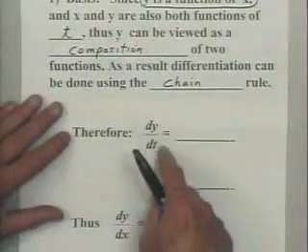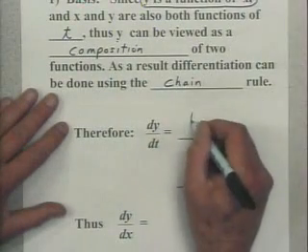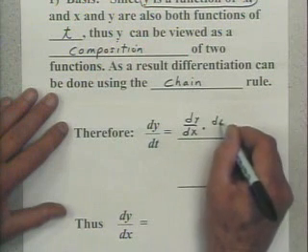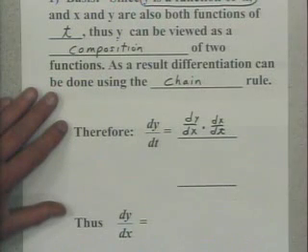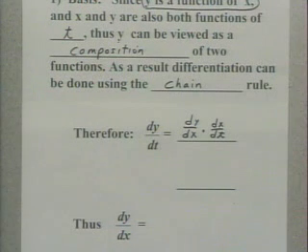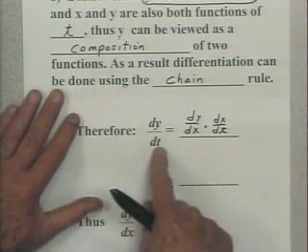If you want to take dy over dt, you can get that by taking dy over dx and multiplying it by dx over dt. You can see that's true, right? That happens to be Leibniz's version of the chain rule. But again, it's nothing that should throw you for a loop even if you forgot, because can you see this and that are the same?